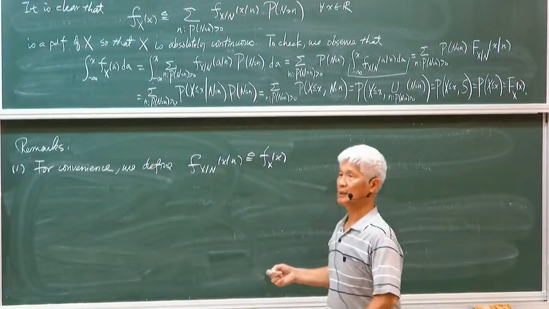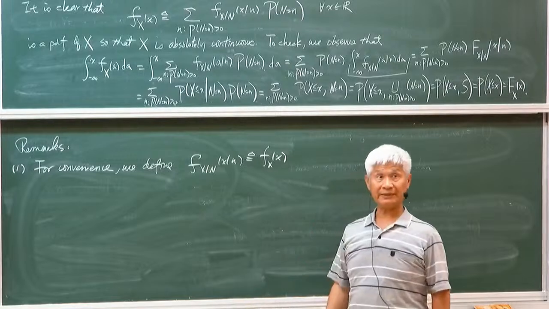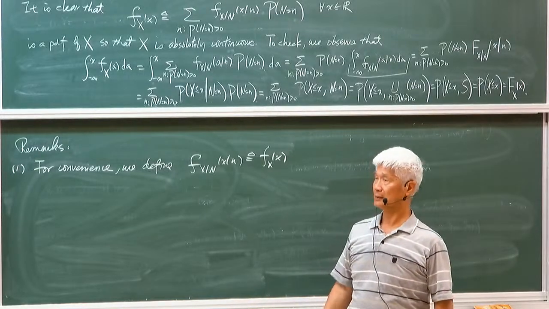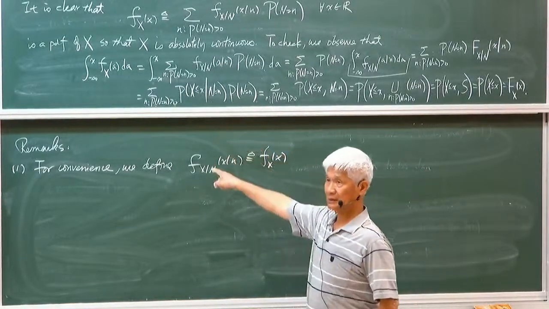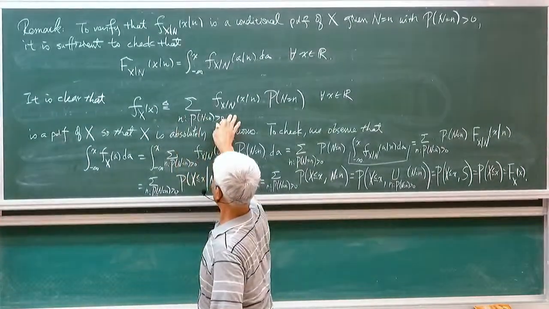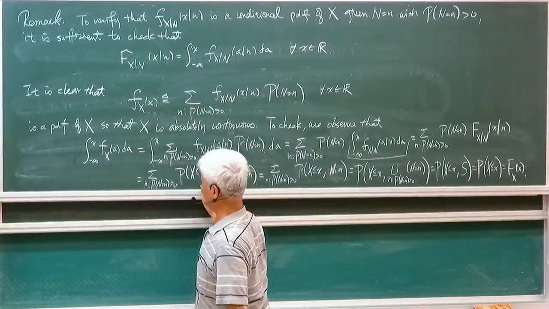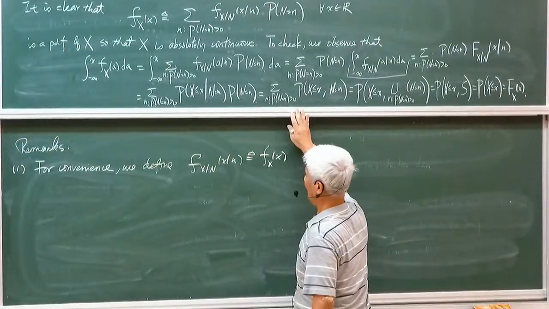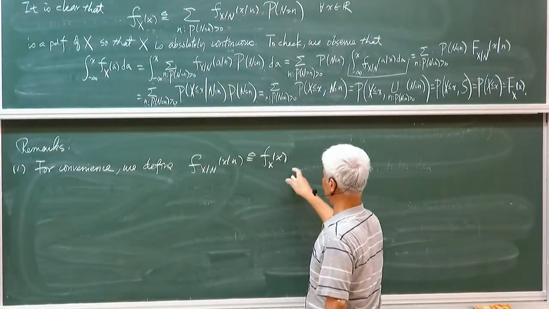Because we know the existence of the PDF of X, right? From the previous checking, this function is a PDF of X. All right, so we define that this is equal to f of X.